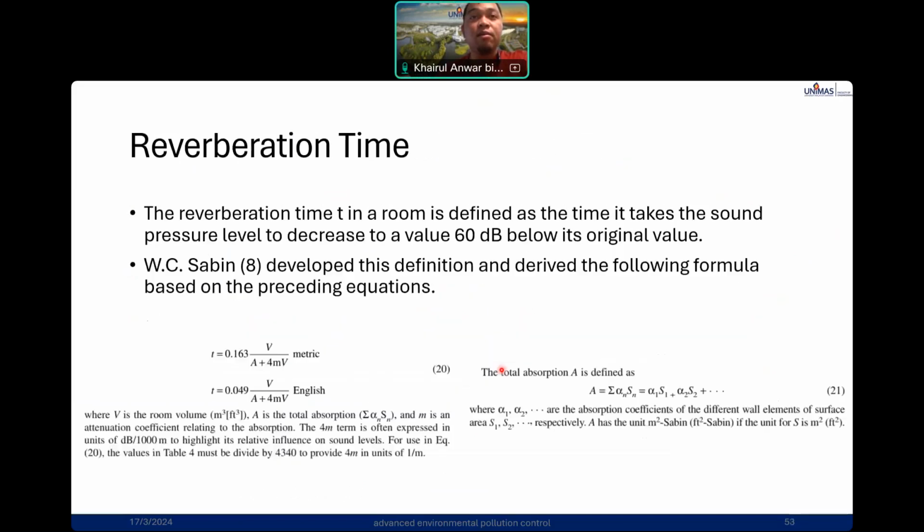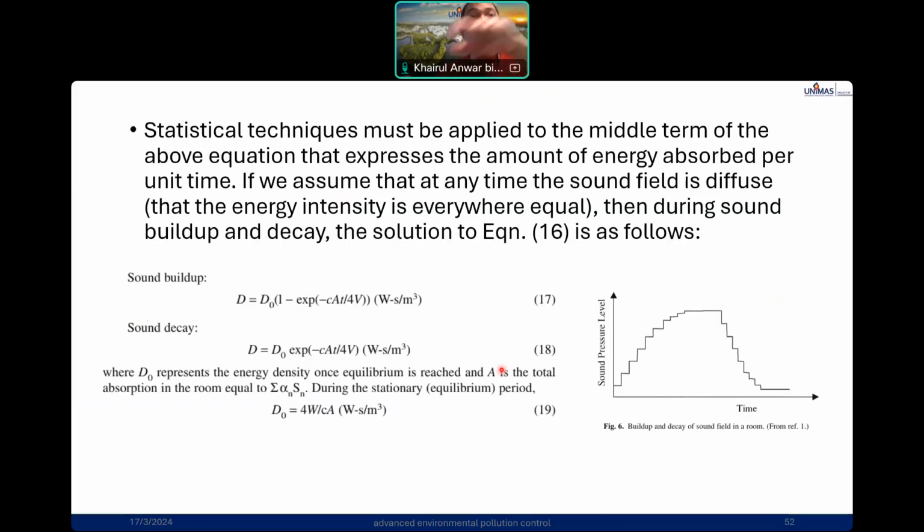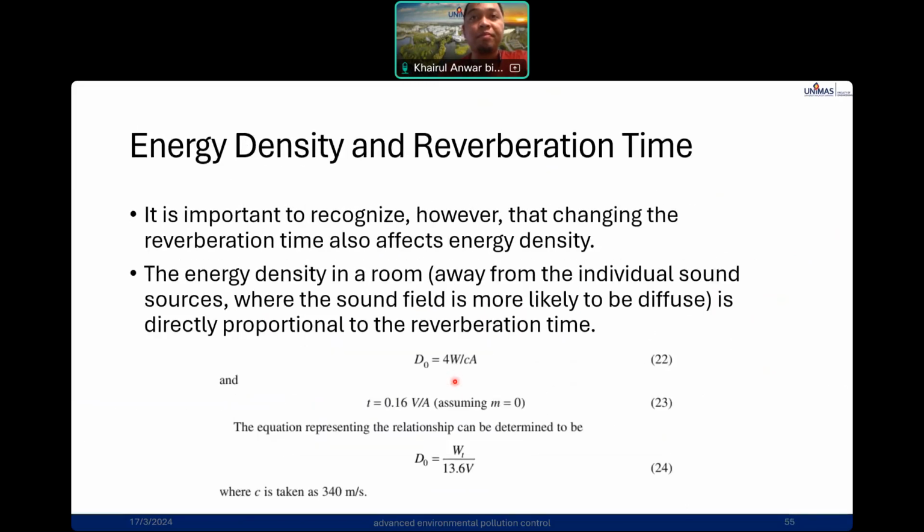In this case, d naught is the energy density once the medium is reached. And T equals 0.16 V, the volume of the room, over total absorption. Using this relationship, the equation can be determined to be d naught equals WT over 13.6 V. Here c is taken as 340 m/s as the speed of sound.